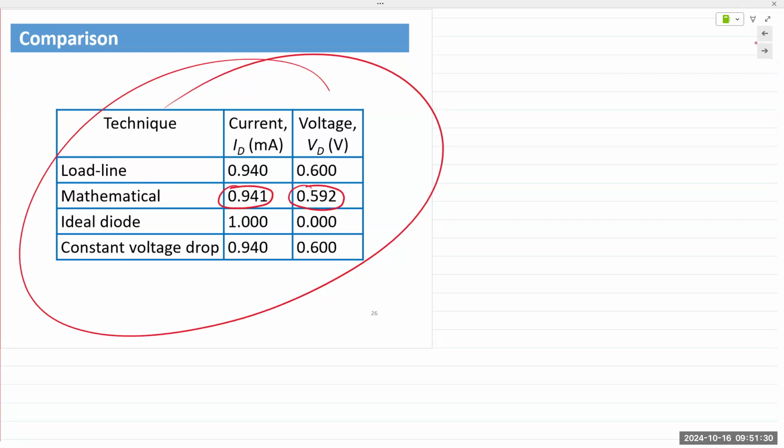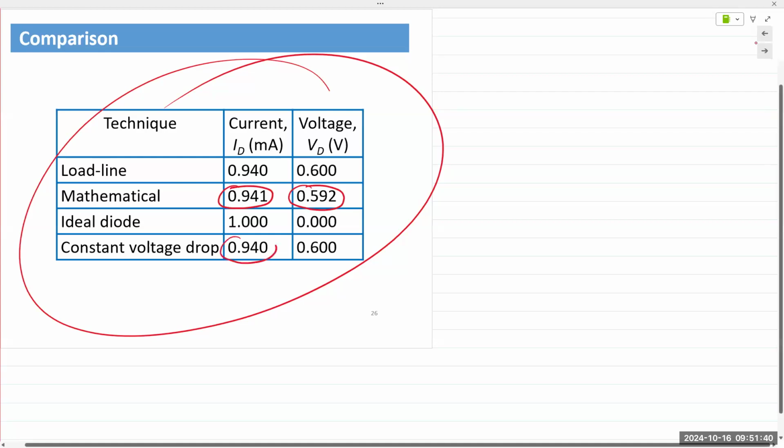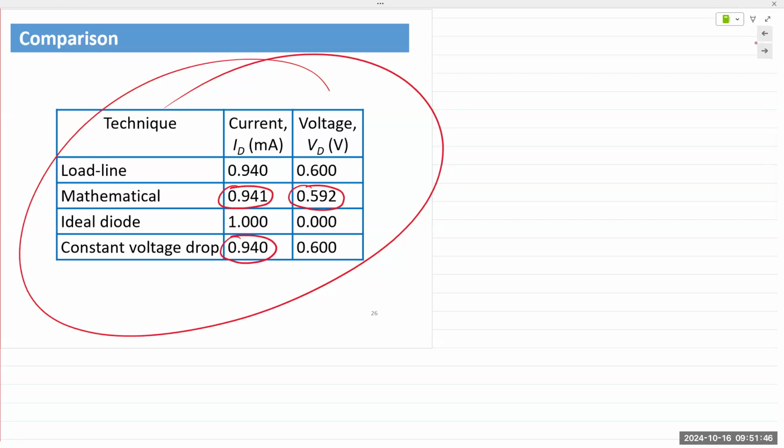The value for ID came out to be 0.941, very close to my graphical analysis. Okay. Then constant voltage drop model, 0.94, right? Because we chose 0.6 as our voltage drop. If we choose 0.7 as a voltage drop, our current would be 0.93.